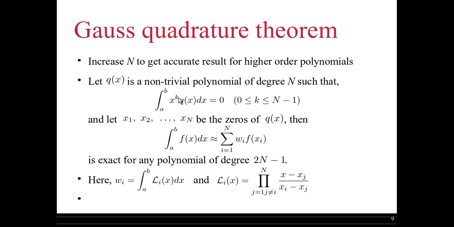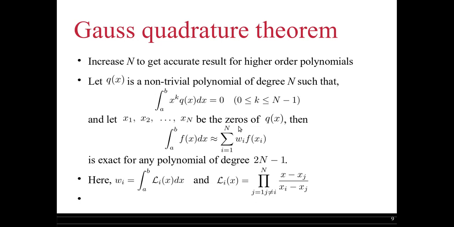So this x to the power k is a polynomial of order up to n minus 1, and q(x) is an n degree polynomial.